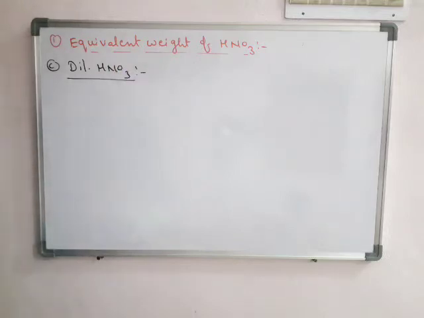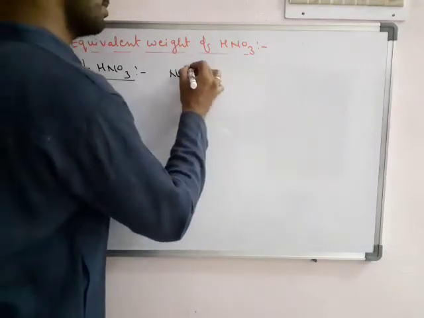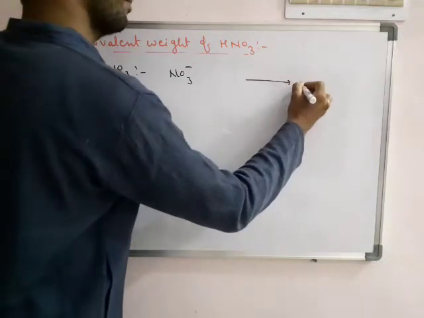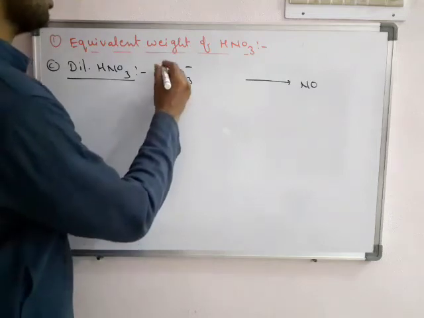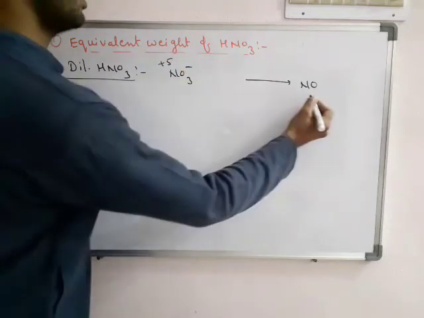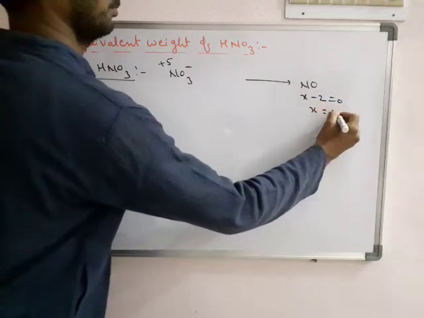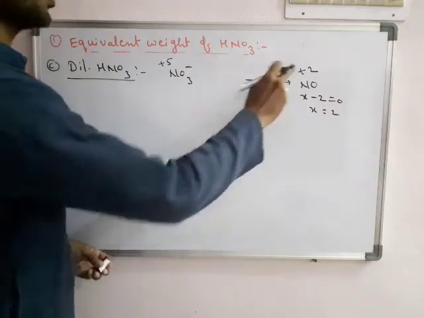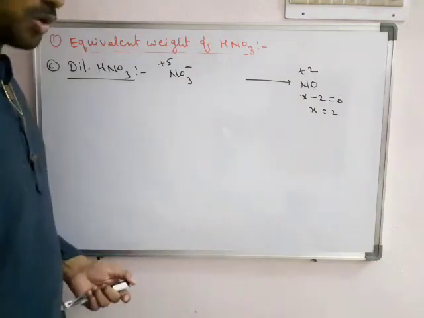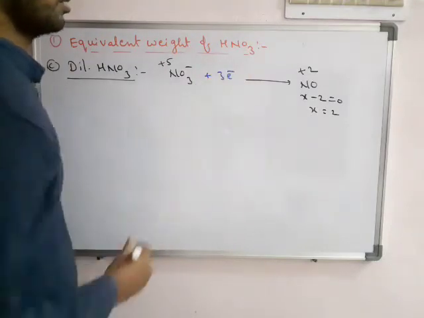It is observed that with dilute HNO3, NO3 minus becomes NO, nitric oxide. So what is the oxidation number? Just now we calculated plus 5. Here it is plus 2, so nitrogen is reduced from plus 5 to plus 2. So there is a gain of 3 electrons.